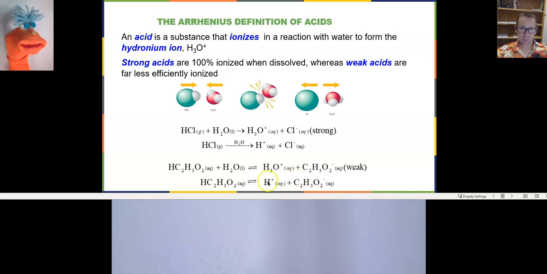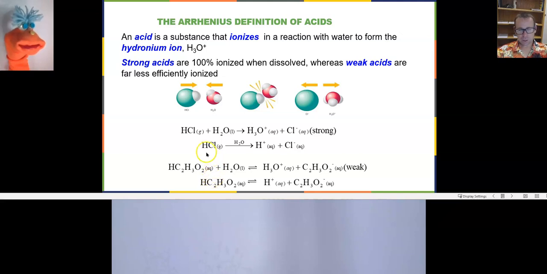As soon as it separates, the acetate ion feels a little unstable and will pull a proton off of a different water molecule, and it'll go right back here. All right? And the result is some hydrogen ion always floating around, but the acetate ion isn't completely stable, and it'll grab a proton and go back.